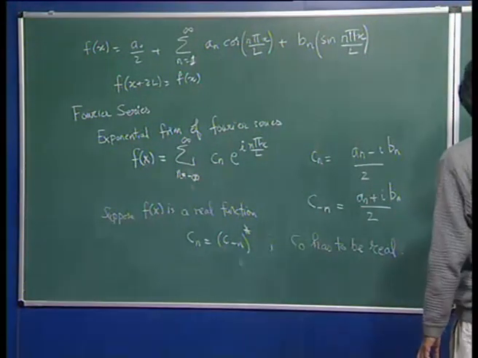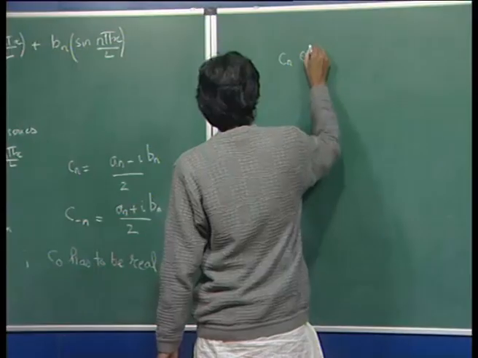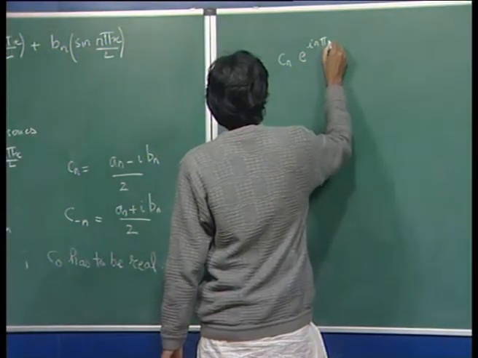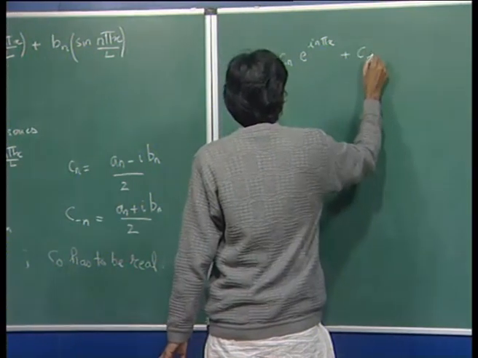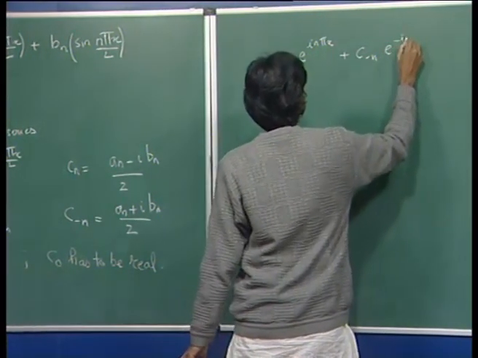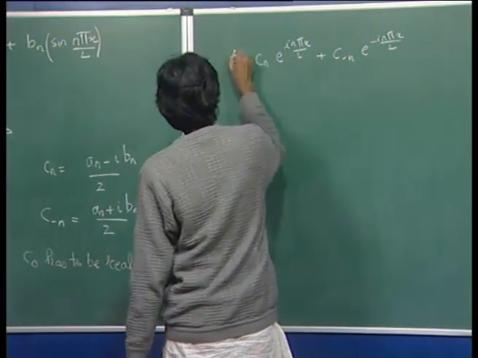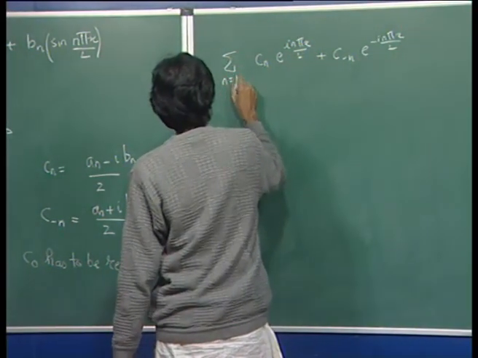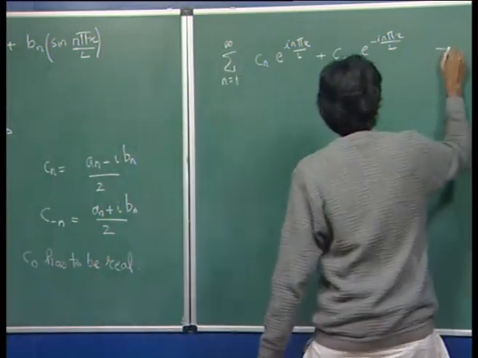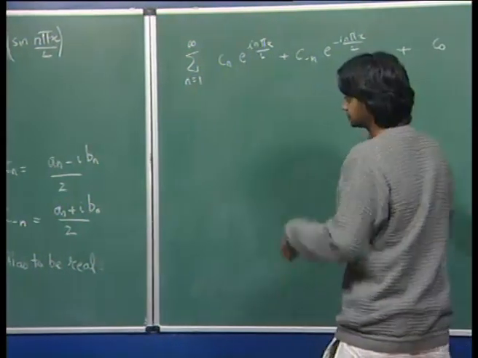Okay. So, if that is true, then you have C n by L, and you have sum over n equal to 1 to infinity plus C 0.